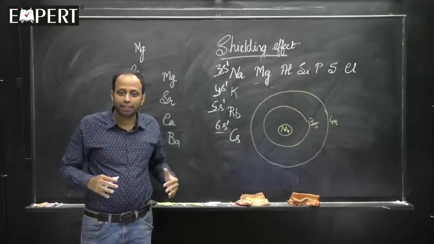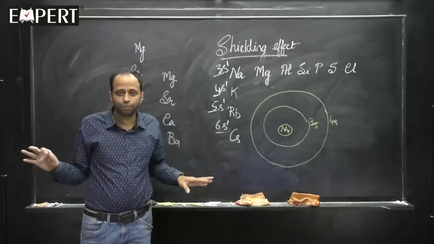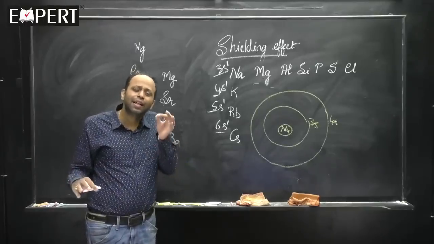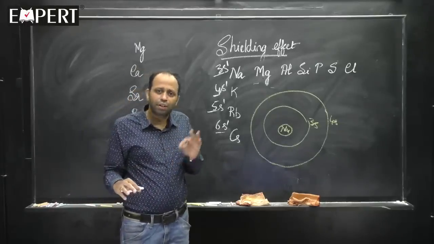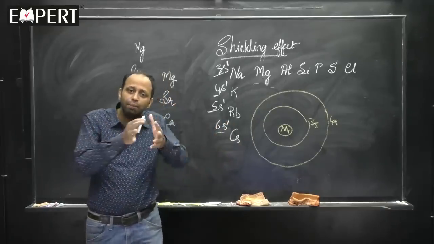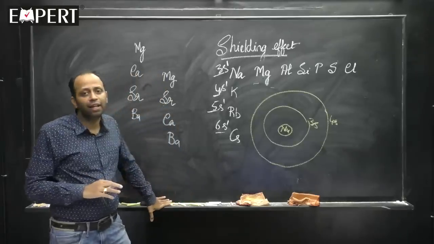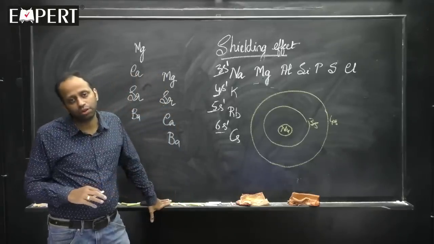As the distance increases, the atomic radius also increases, done. Shielding effect will decrease slightly, negligibly it will decrease. But that does not matter here. Why? Because the distance has already increased. So, this is what will happen down the group and across the period.